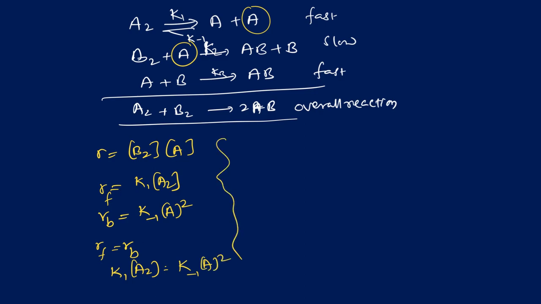We want [A], which is equal to K1 [A2] divided by K minus 1.